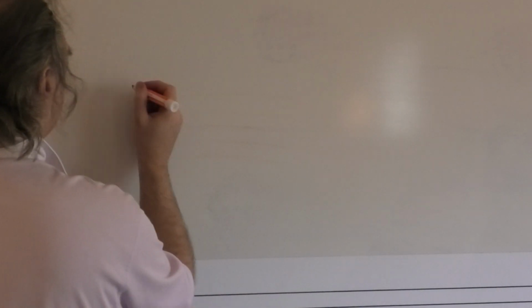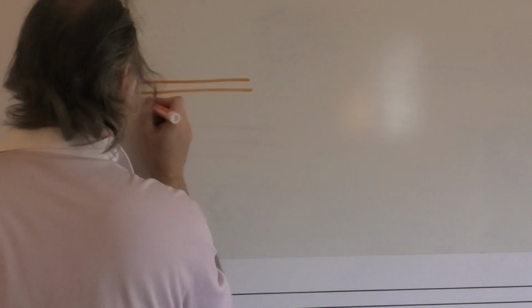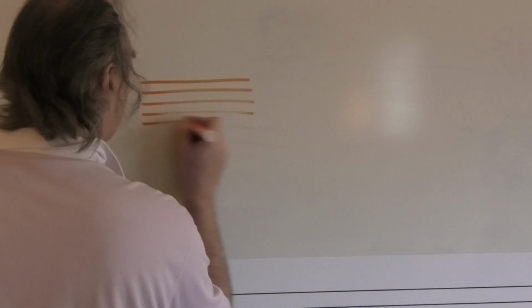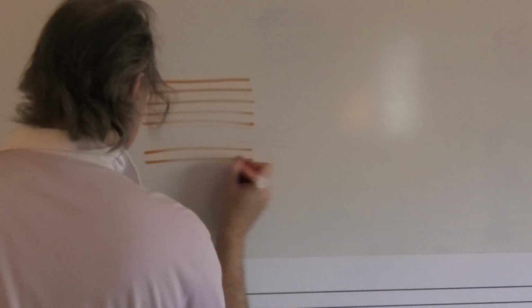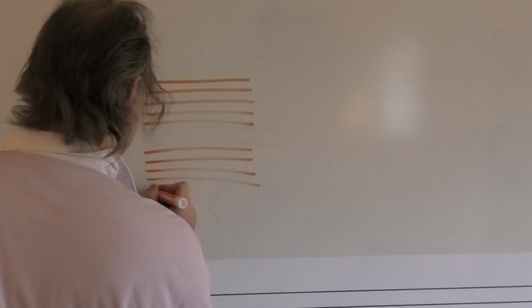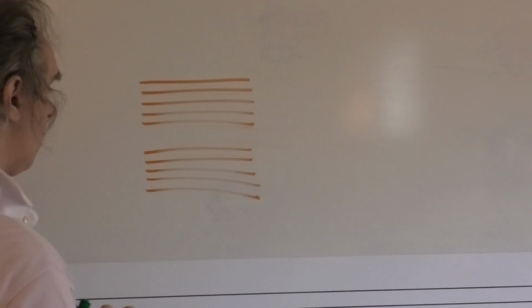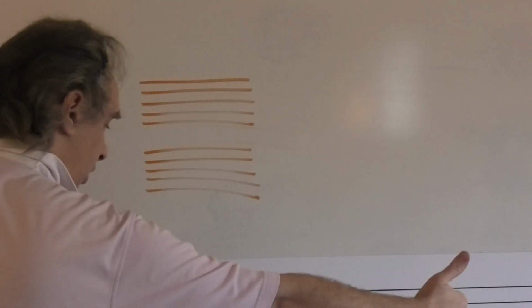A violin would only use the treble staff. A cello would only use the bass staff. But a piano or a guitar has the whole range. Here's middle C. Go in both directions, up and down. So we have to use both staves.